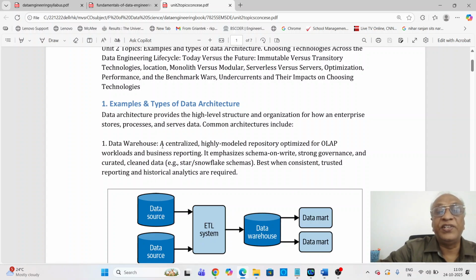You have star schemas, snowflake schemas. So data warehouse is huge as compared to a database. And in databases, you use OLTP, online transaction processing, while in data warehouse, you use OLAP, online analytical processing.